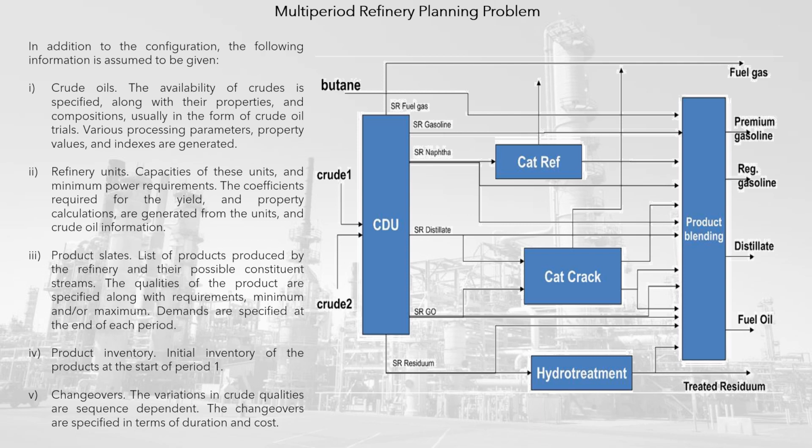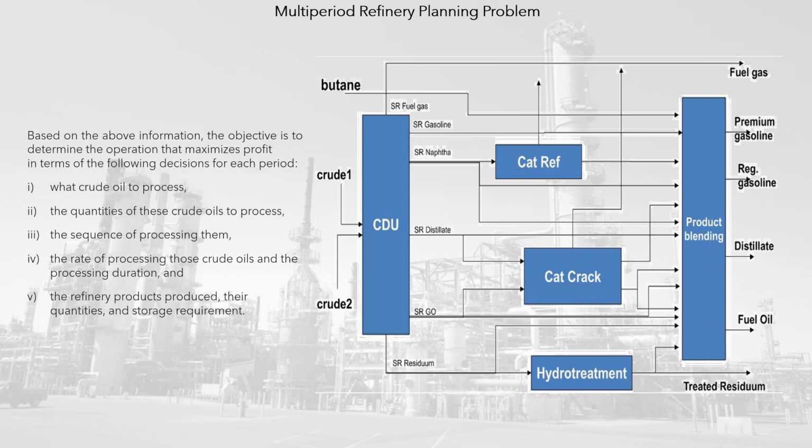Product slates. List of products produced by the refinery and their possible constituent streams. The qualities of the product are specified along with requirements, minimum and/or maximum. Demands are specified at the end of each period. Product inventory. Initial inventory of the products at the start of period 1. Changeovers. The variations in crude qualities are sequence dependent. The changeovers are specified in terms of duration and cost.